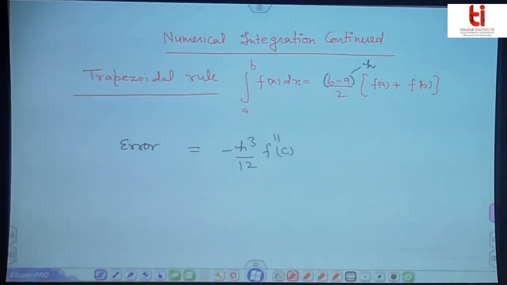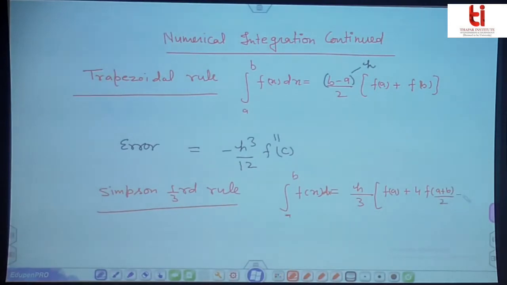Simpson 1/3 rule is the integration from a to b of f(x) dx equal to h upon 3 times f of a plus 4 f of (a plus b) upon 2 plus f of b, where h is (b minus a) upon 2.